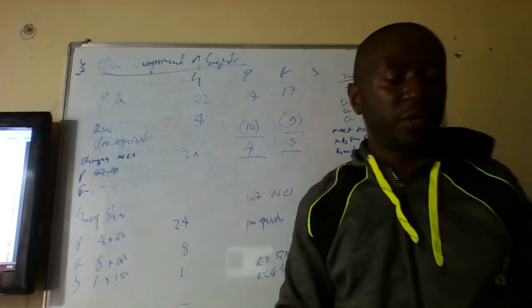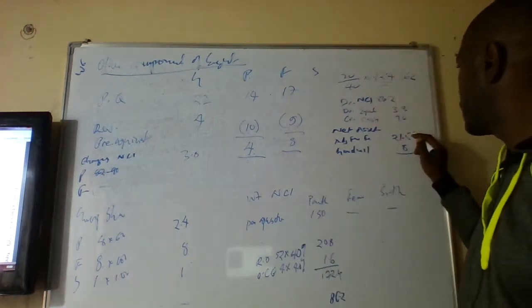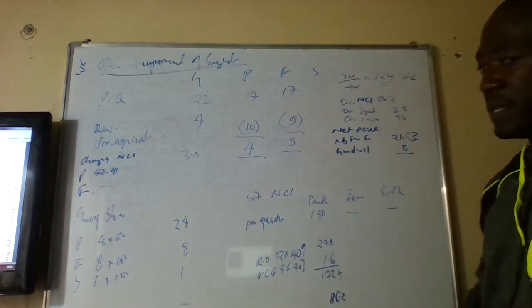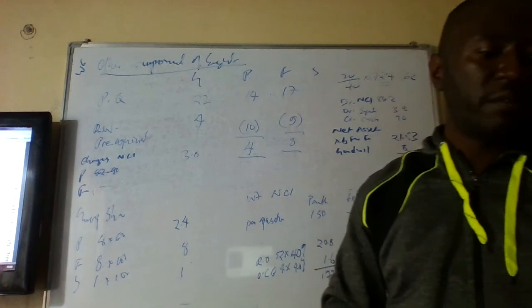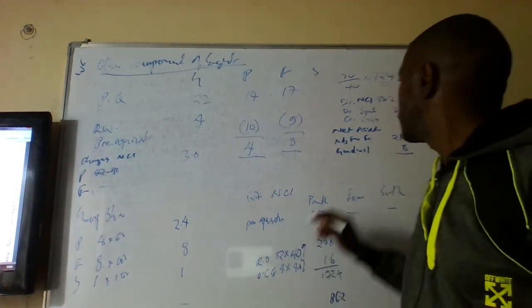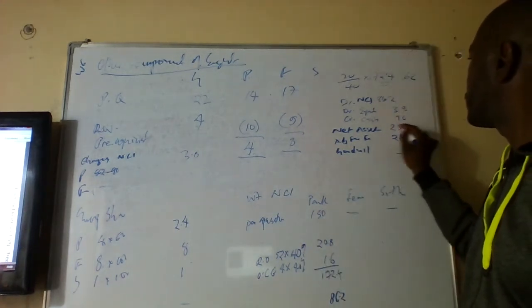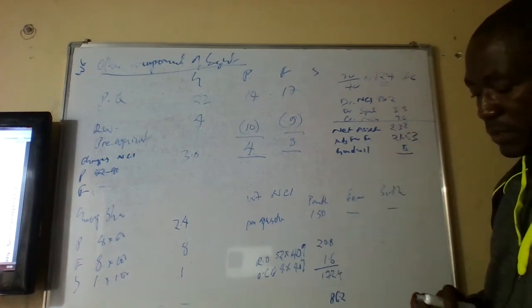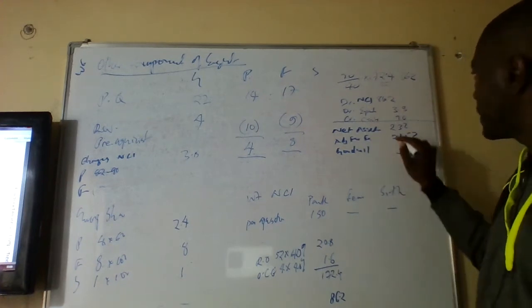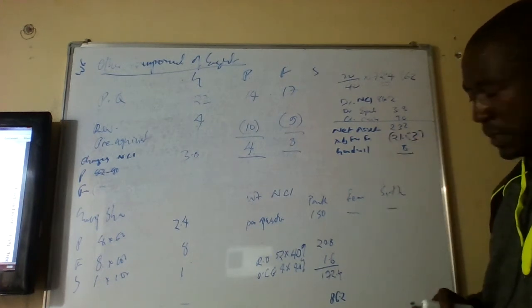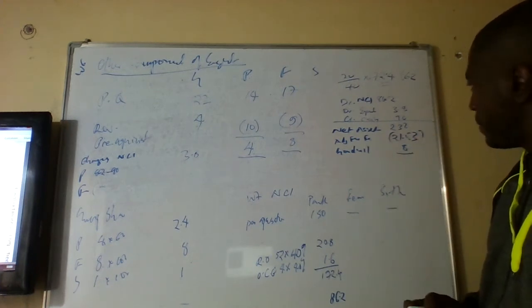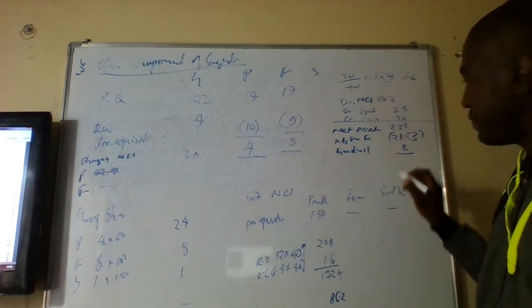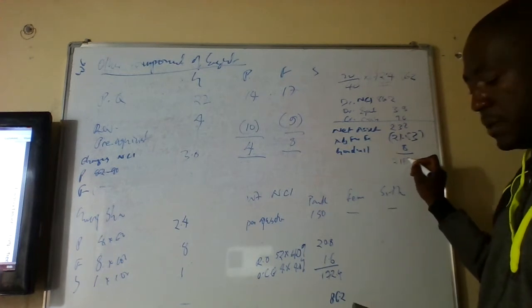The fair value was 21.53. The net asset for fence in the question is given as 232. So that 232 you lessen 21.53 plus 8, you have 218.47.